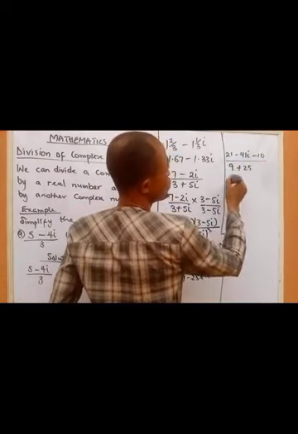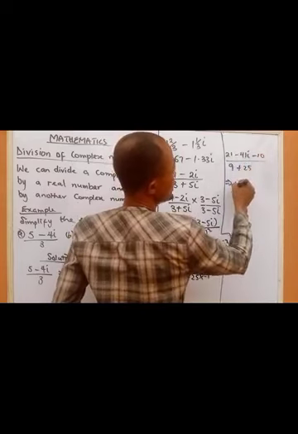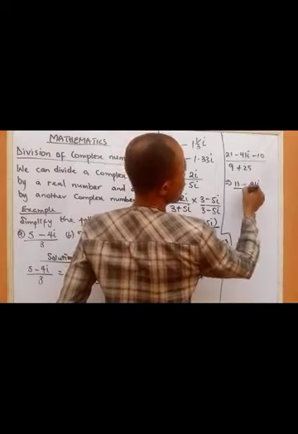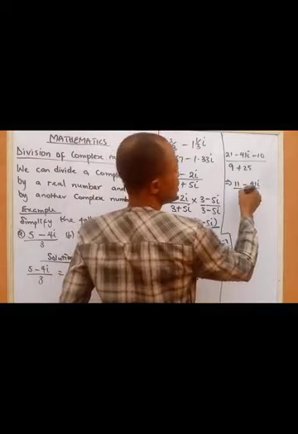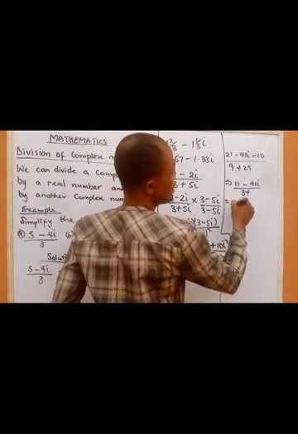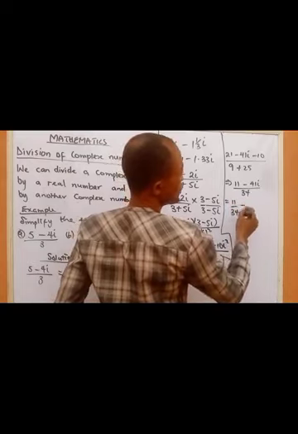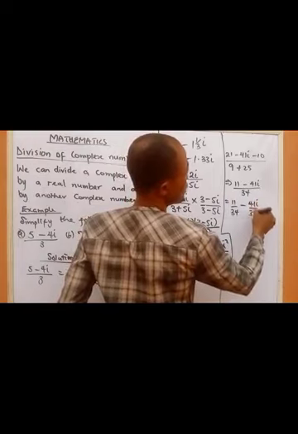This will be equal to 21 minus 10, that will give us 11 minus 41i over 9 plus 25, that should be 34. So this is equal to 11 over 34, then minus 41i over 34.